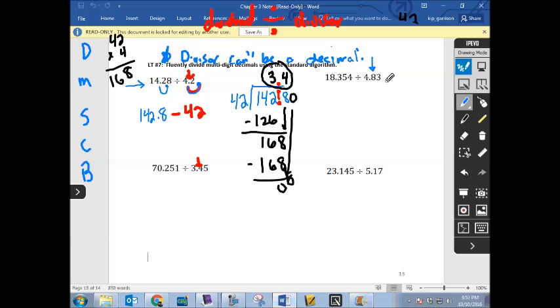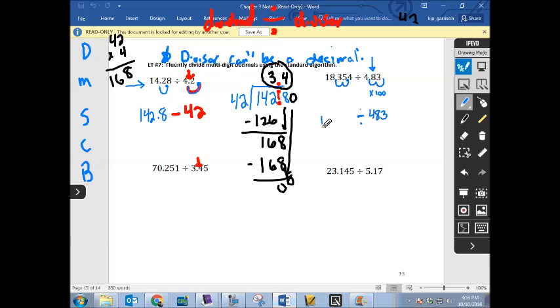So, this right here is my divisor. So, I've got to go ahead and make it into a whole number. So, we're going to move the decimal 2 places. You guys should already be making the connection that this is going to be multiplied by 100. That's how 4.83 becomes 483. So the new problem I'm going to be doing is going to have a divisor of 483. Well, if you multiply by 100 to that, you have to do it to that as well.